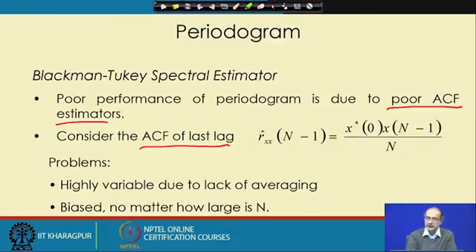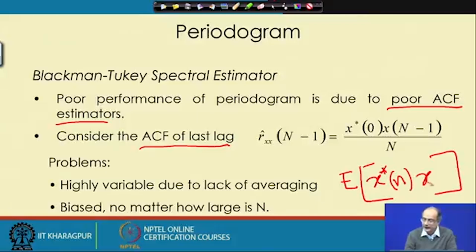Now, this costs us in terms of fluctuation. If there is no averaging, the estimate we are taking, which ideally should be the expectation of the two terms, x star[n] into x[n minus k], or you can take the star on the second one, leaving the first the way it is defined.